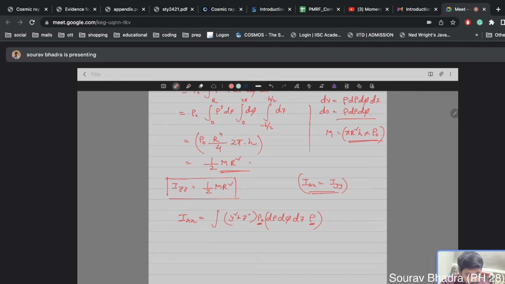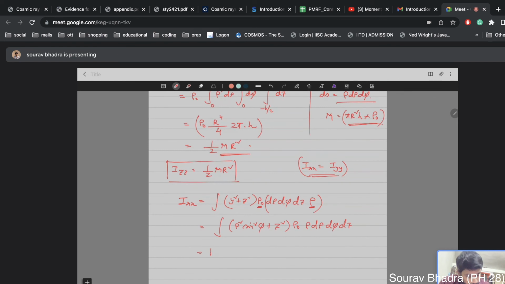So if you do it, rho squared sine squared phi plus z squared, rho 0, rho d rho d phi dz, and if you do the integration, I will write it from my notes. 2 pi, just check, and if there is any mistake, just let me know.